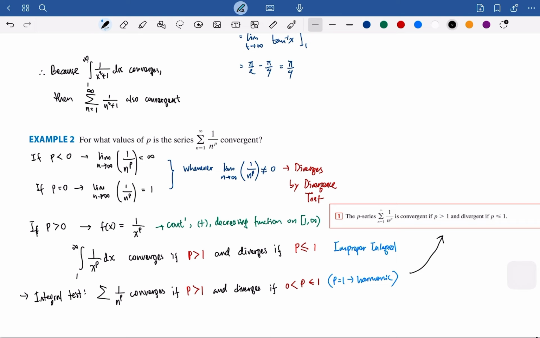Like for example, if you remember, we have this kind of graph where it's x equals 0. This can also be considered improper if we want to take the integration.